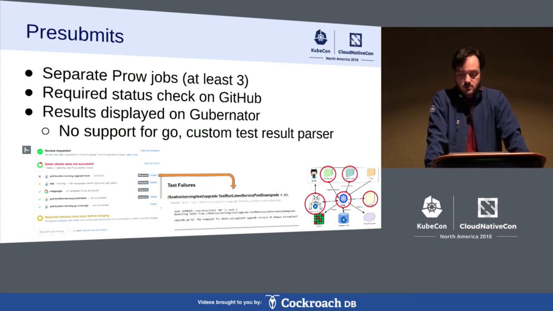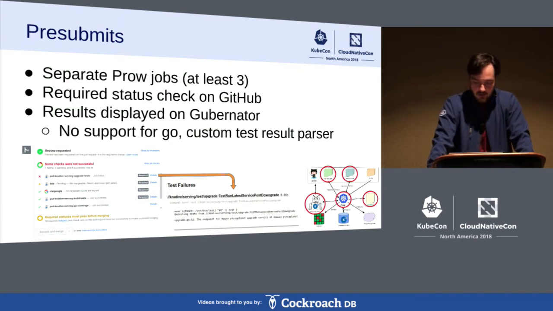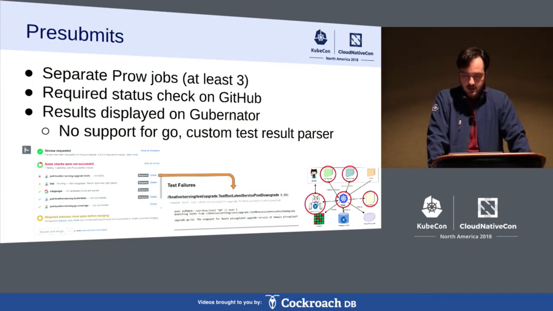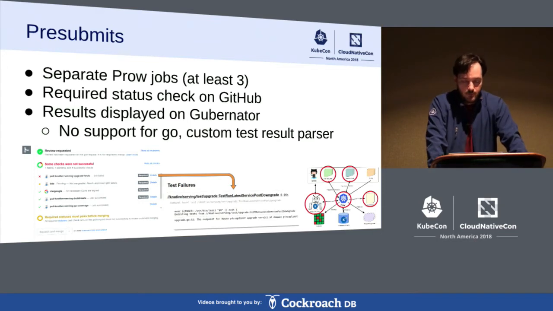So we built a custom test result parser, so Kubernetes can display nice results when a test fails, for example. It's way easier than going down logs and finding out what failed, again, in the middle of 300 tests. This parser is used later in Test Grid, and I'm going to mention that soon.